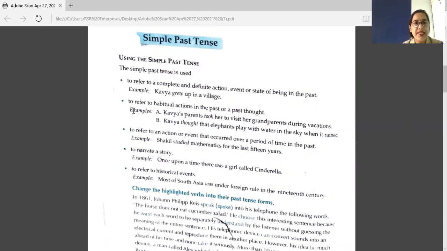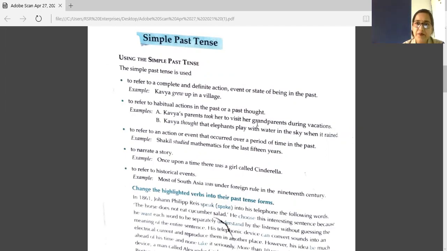Now, second one, to refer to habitual actions in the past or a past thought. Something which was a habit in the past time, there we have to use simple past. See this? Kavya's parents took her to visit her grandparents during vacations.